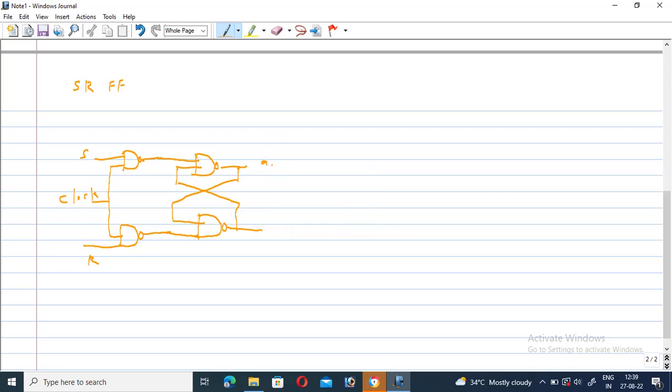Q is the output and Q bar is its complement.